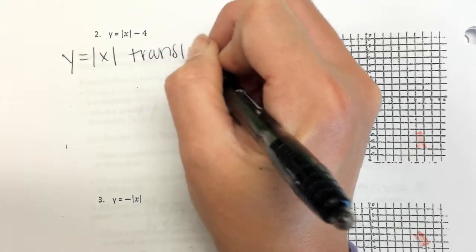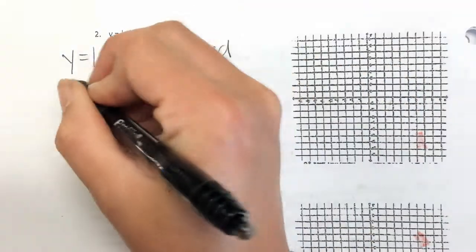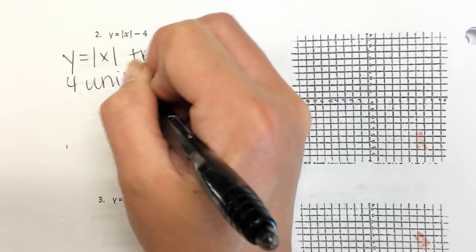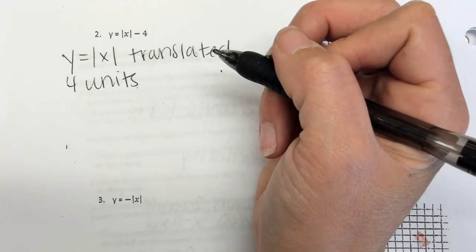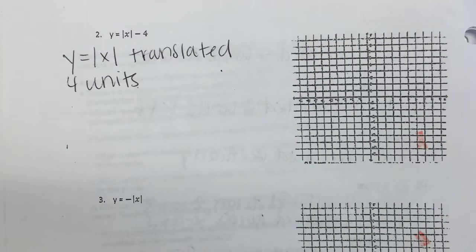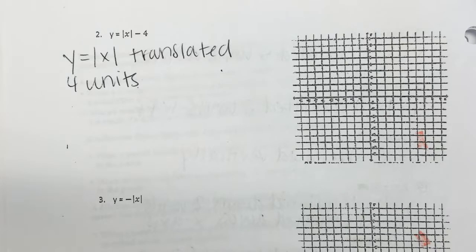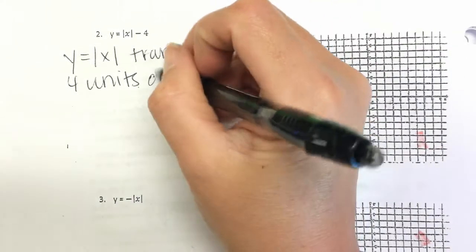Translated. How many units? In which way? Yes. And how do we know it's down? Because it's what? Not grouped with X, plus it's negative. So it's moving it down.